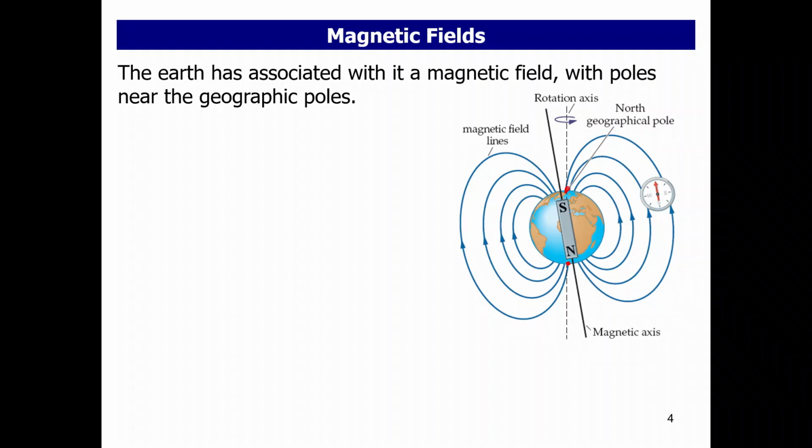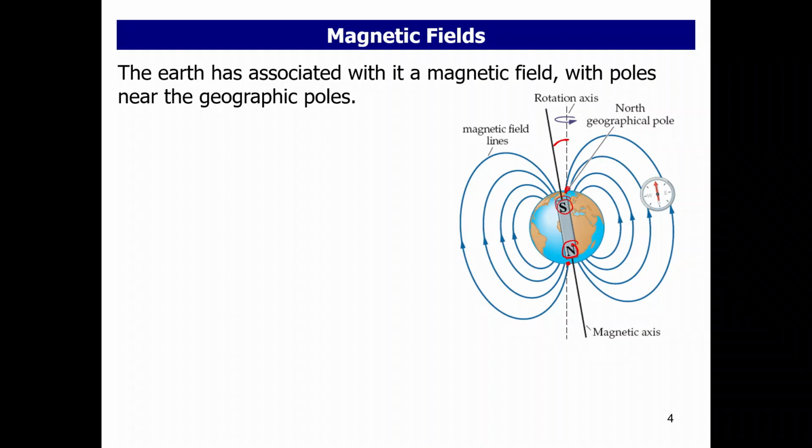But the actual magnetic axis is tilted. The tilt changes, I think it's around 7 degrees on average, but it does change. And the other big thing is the Earth's south magnetic pole is actually near the north geographic pole, and the actual north magnetic pole is near the south geographic pole.